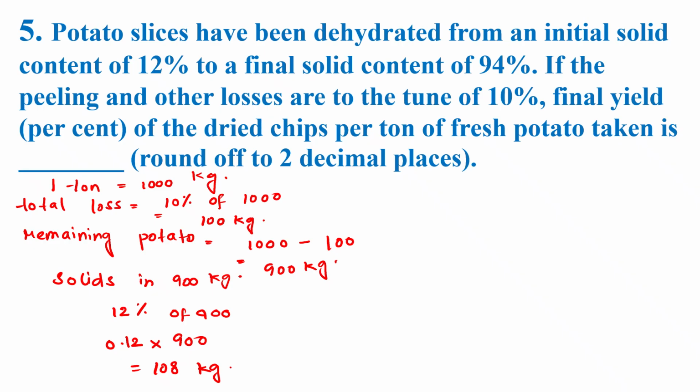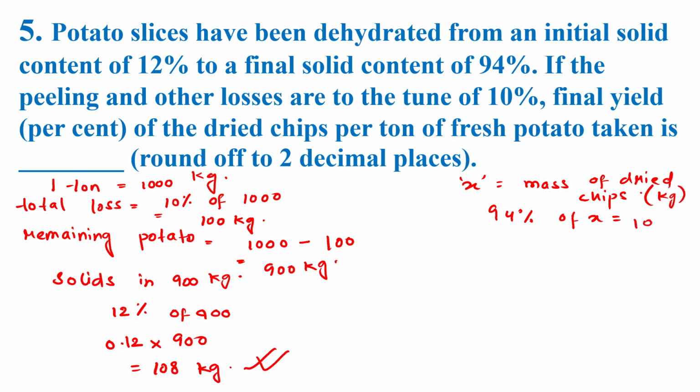So if I'll keep X as a variable for my mass of dried chips, that kg, that is 94% of my X, and which is equal to my this 108 kg of the solids which is present in my remained potatoes.